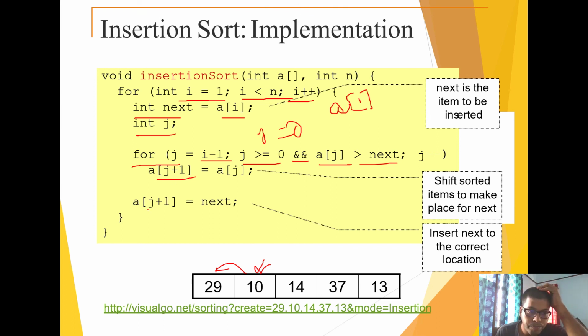Then a[j plus 1] equals next. Since there is already a next variable, this does the job. So this is the step: insert next at the correct location.